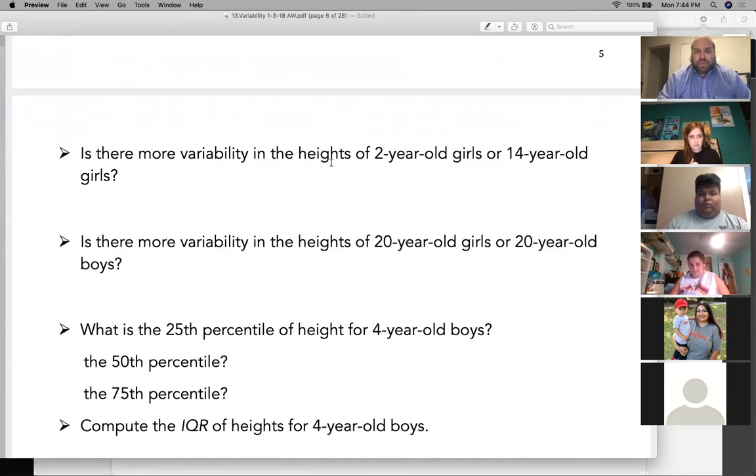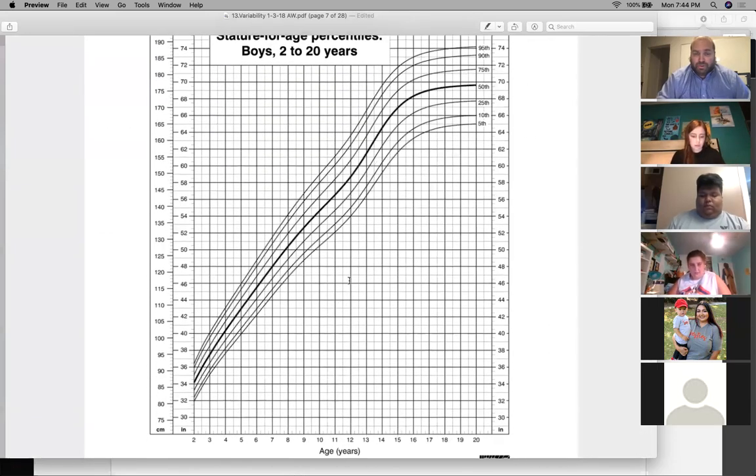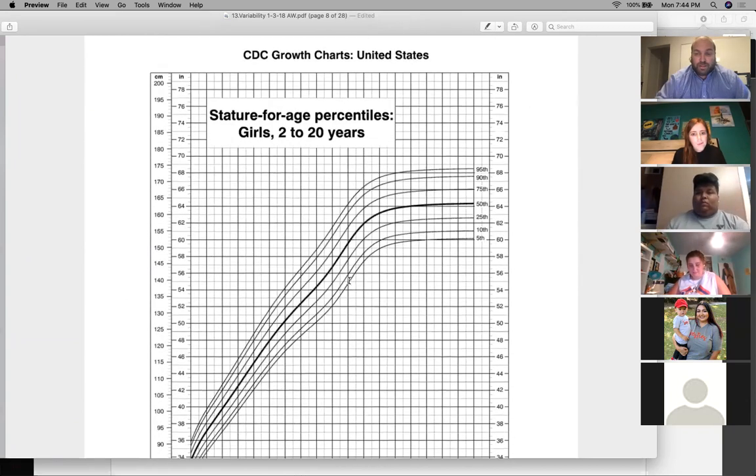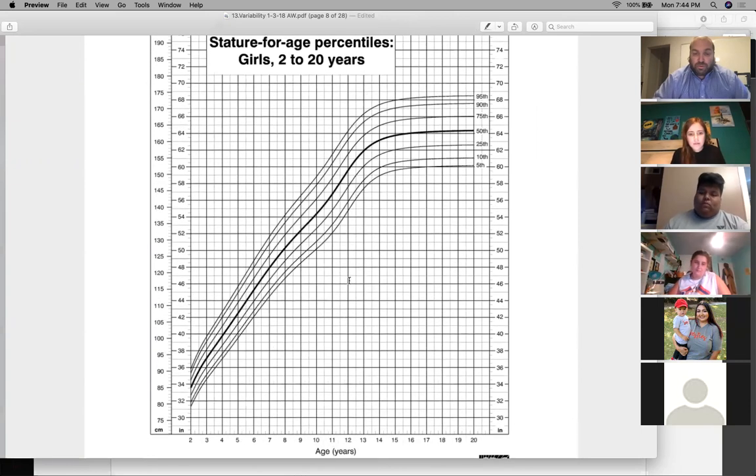Is there more variability in the heights of 2-year-old girls or 14-year-old girls? Compare 2-year-old girls and 14-year-old girls and ask yourself which one has more variability. That's the boys chart. All right. 2-year-old girls or 14-year-old girls? 14-year-old. I mean, 2-year-old girls seem to range, and this only goes from 5th to 95th, so it's not the top 5 or the bottom 5%.